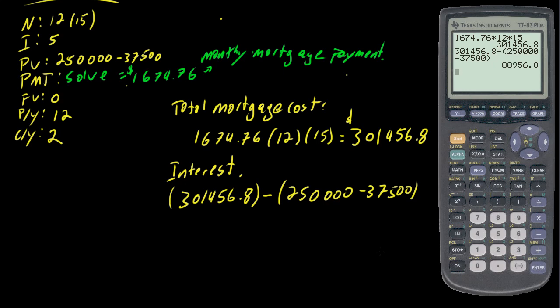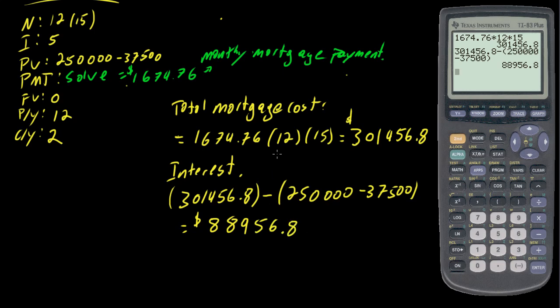So it looks like our interest is going to be $80,956.80. So this is how much interest we're going to pay.